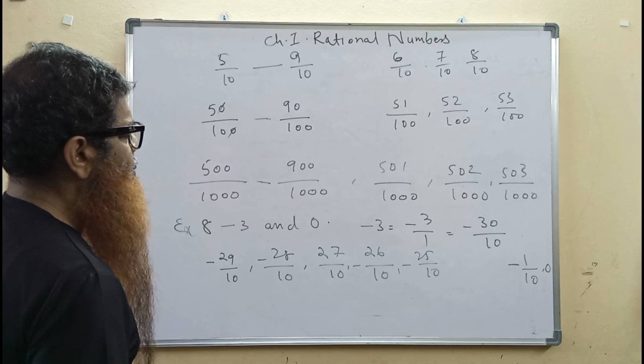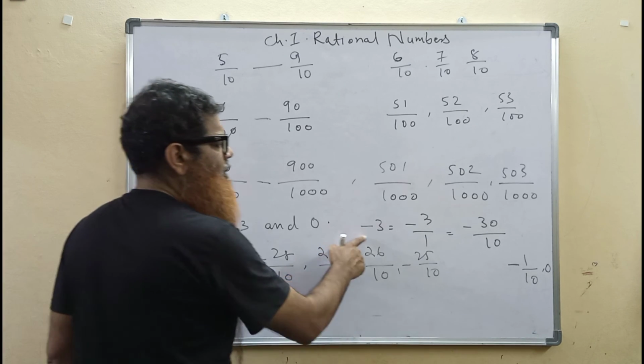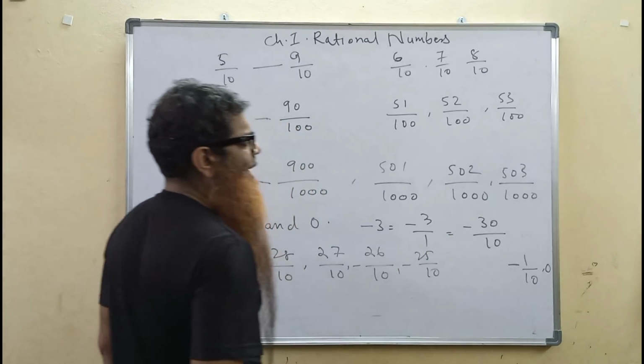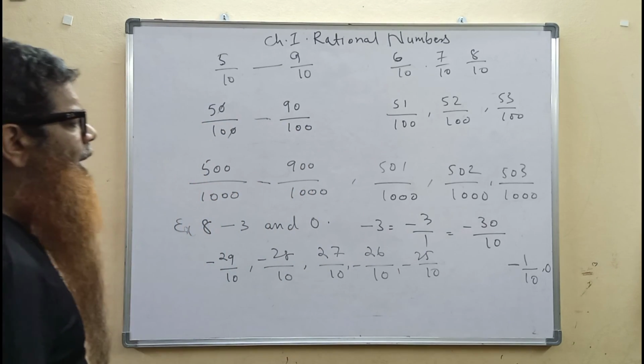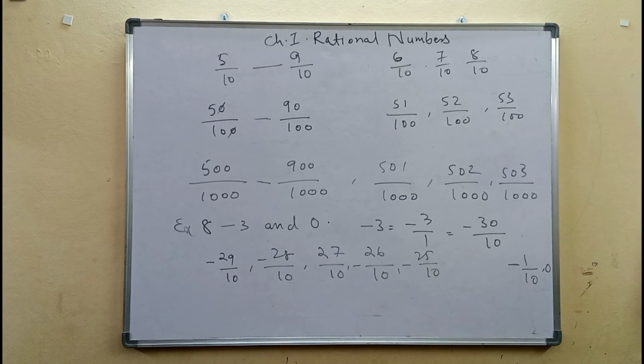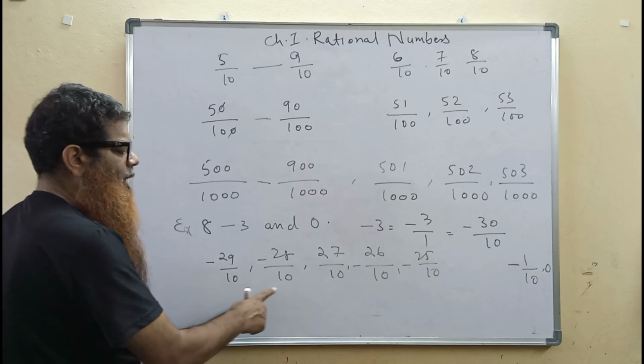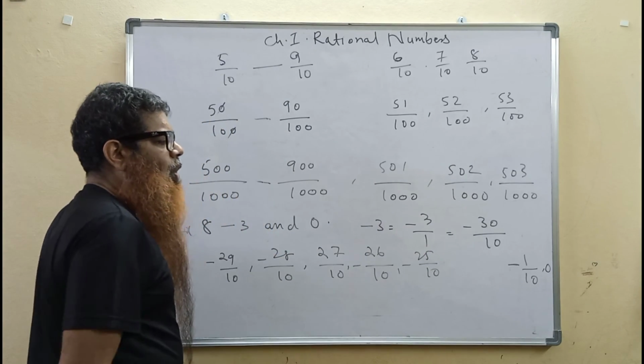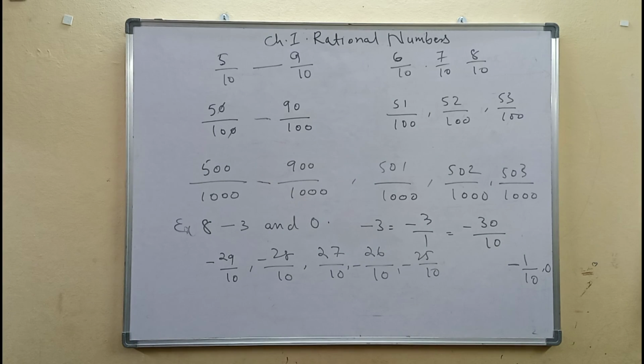We know that -3 is equal to -3 by 1, which is equal to -30 by 10. So in between -30 by 10 and 0, we can write -29 by 10, -28 by 10, -27 by 10, and so on until -1 by 10. So we can take any five rational numbers in between.